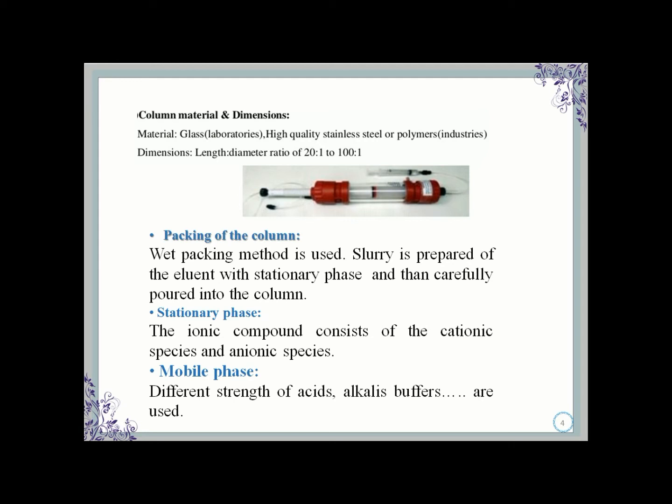Okay. Now the next slide, sample preparation. For sample preparation, the sample must be suitably soluble in the eluent, and to protect the column from damage, samples are filtered before use.